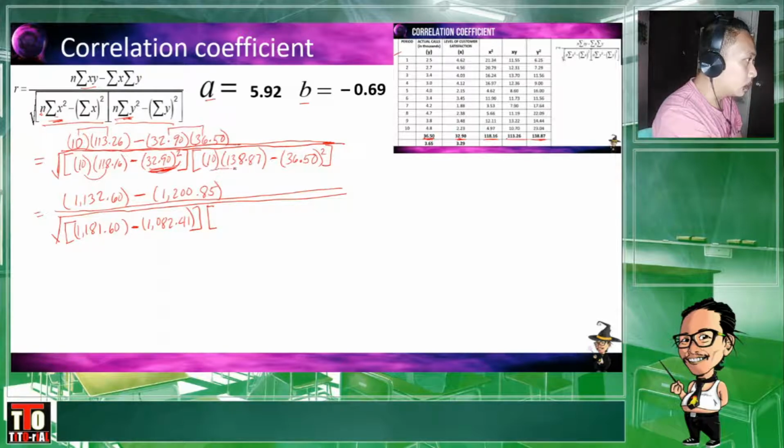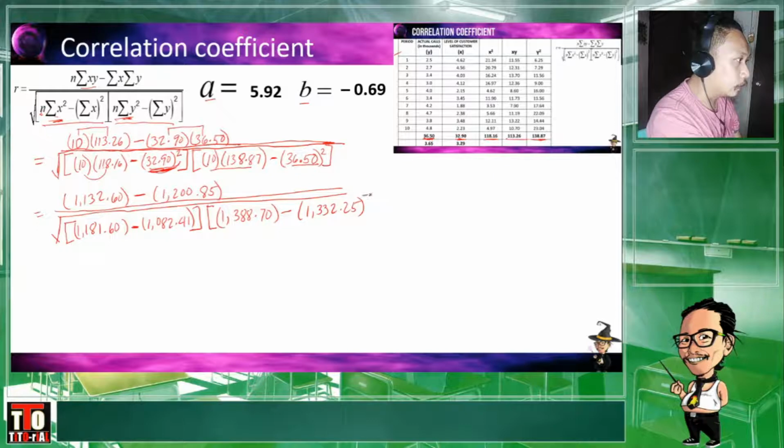Next, 10 times 138.87. So, we have 1,388.70. And then, minus 36.50 squared, which is 1,332.25. Okay. Close bracket. Our line is lacking.